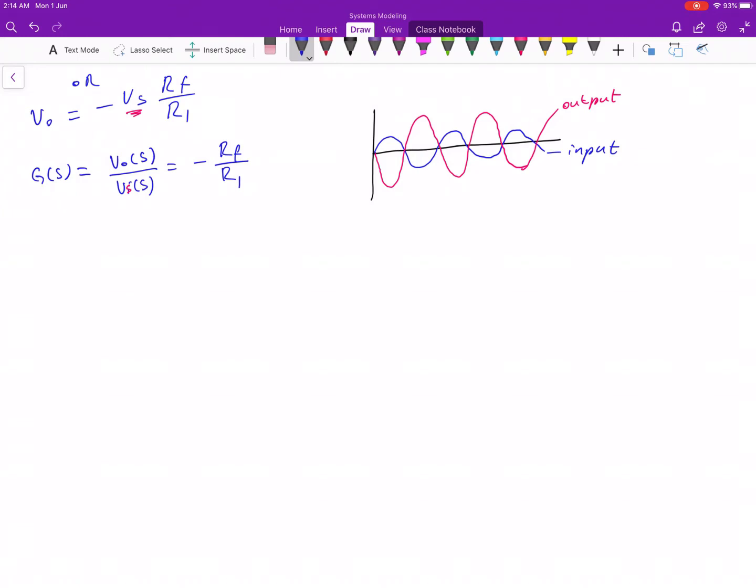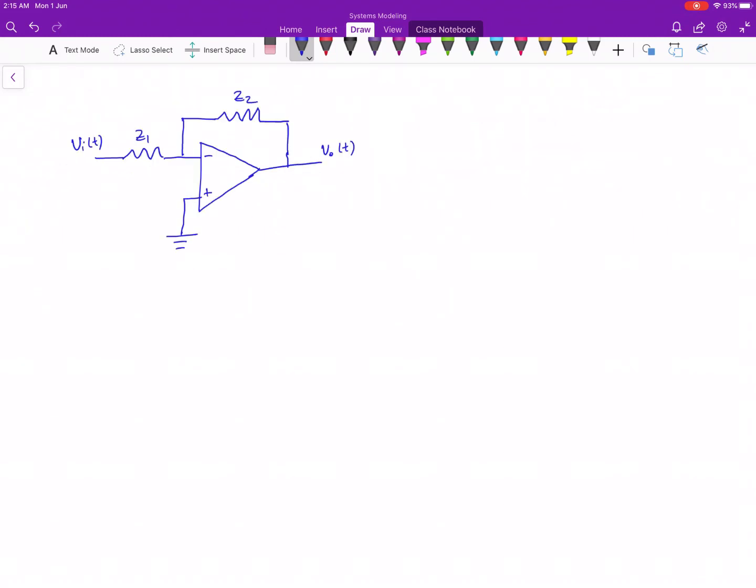Just reduce it to a basic circuit. So we can have this circuit in terms of impedance, whereby we have Z1 and Z2. Our currents are exactly the same as we've done before: I1 here, I2 here, I3 there.